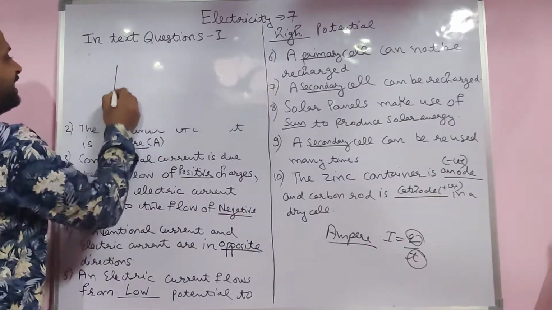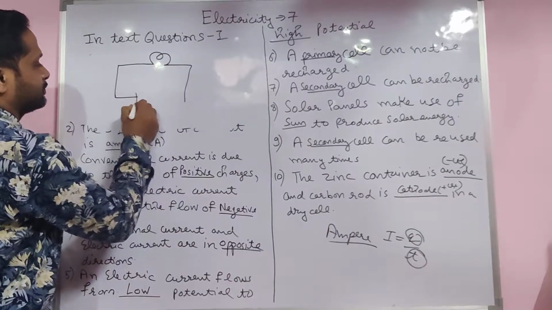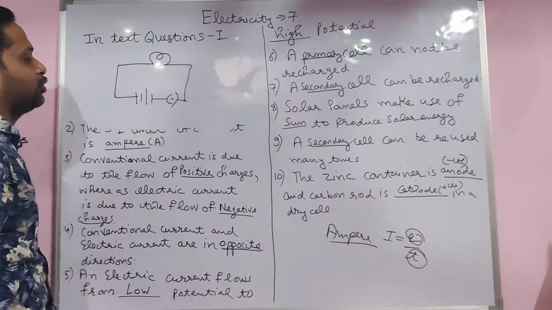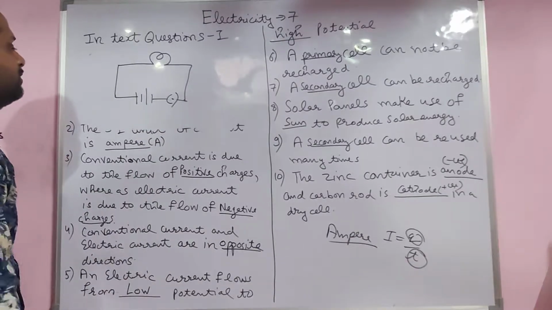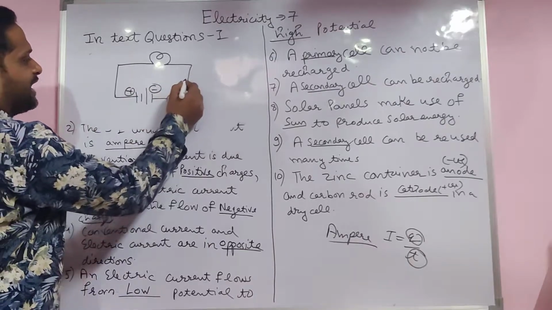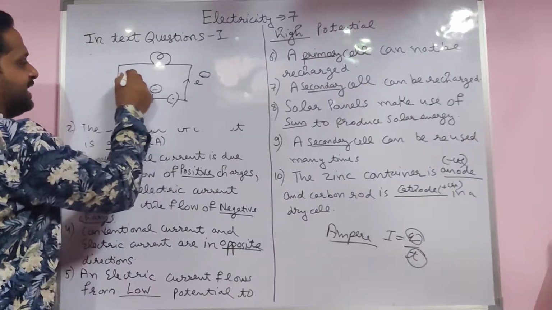You have one circuit diagram. Here the key is on, so it is a closed circuit. Electrons flow from here to here, and positive charge flows on this side.